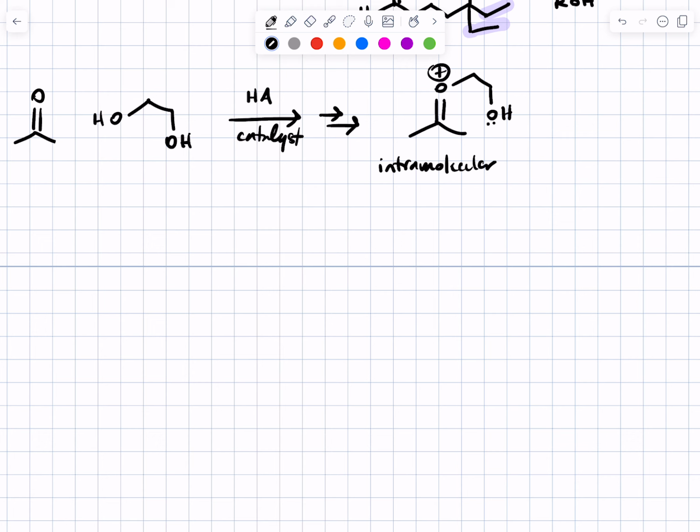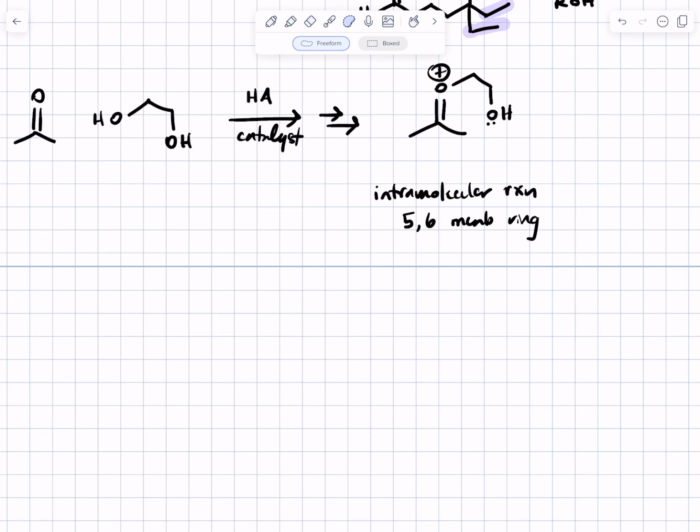because we've got one here. And it turns out that intramolecular reactions that make 5 or 6-membered rings are generally pretty favorable in organic chemistry, in part because if you actually make a model, this oxygen is decently close to the carbonyl carbon. It's right there. So it's actually really fast for that oxygen to do the attacking.